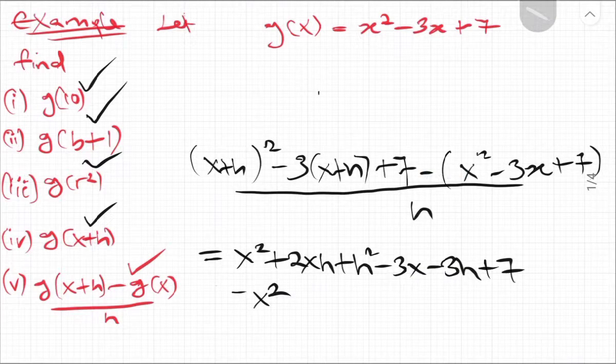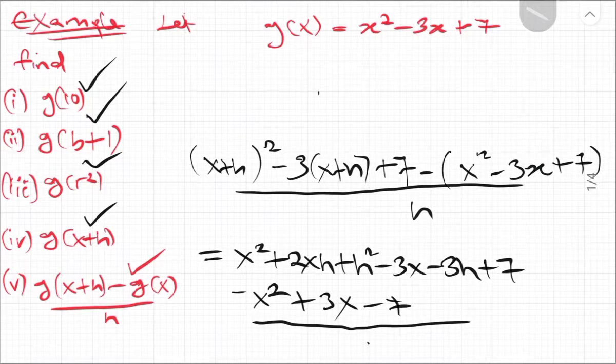Then minus times minus 3x, we have plus 3x. Then minus times plus 7, we have minus 7. Then everything over h.